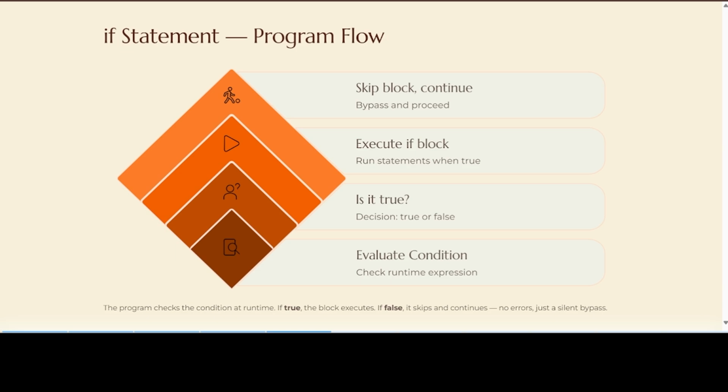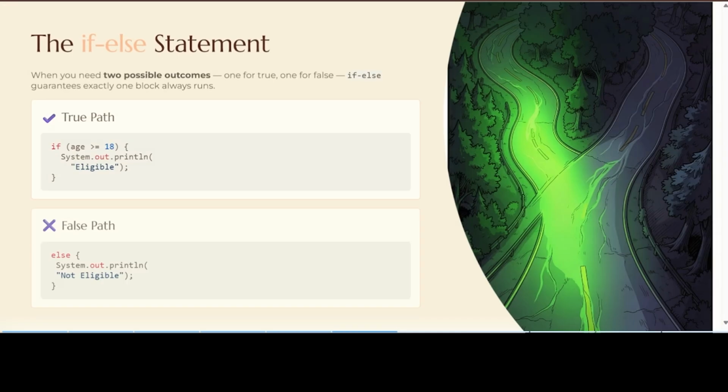Next is the if-else statement. Till now we have seen the if statement. Now the if-else statement. If the if condition is true, the block will execute. Otherwise the false path will be the else condition. The if condition means the true block. The else condition means the false block. That's the main thing you want to keep in your mind.